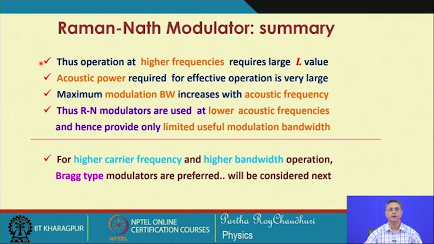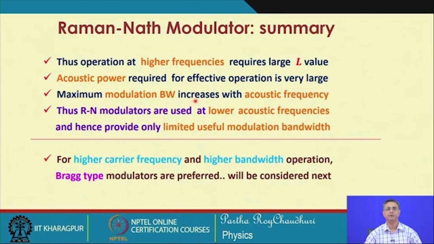Thus, operation at higher frequencies requires a large L value, and the acoustic power required for effective operation is also very large. So, this is the limitation for this Raman-Nath type of modulators.